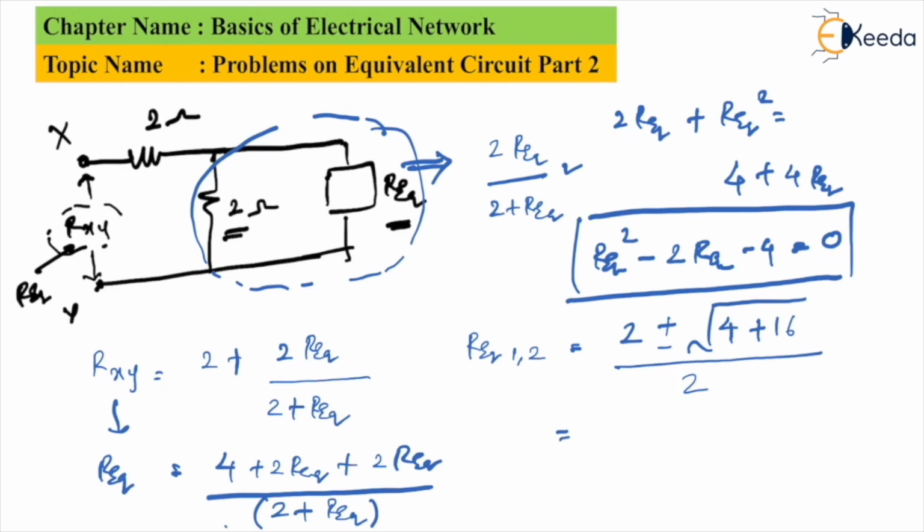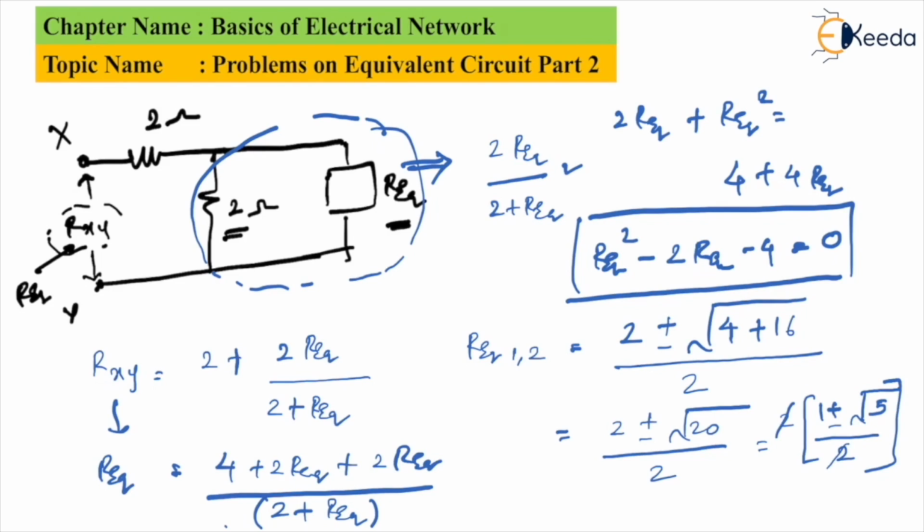So further if I solve, it will be 2 plus minus under root of 20 divided by 2. If I take 2 common, it will be 1 plus minus under root of, if I have to take 2 common, then from the root I'll be taking 4 common. So what remains inside is 5 divided by 2. So these 2 and 2 gets cancelled. So R equivalent have two possible values, 1 plus root 5 and 1 minus root 5.